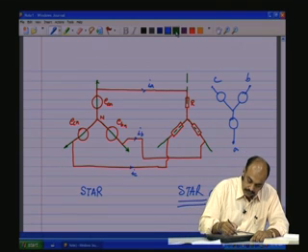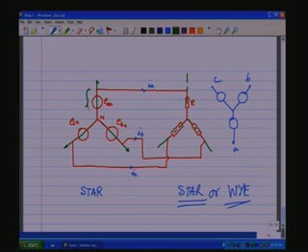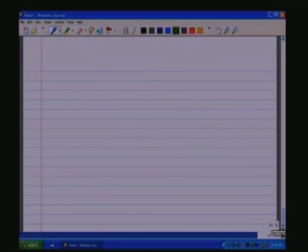Now, some terminologies are in order. This is called the phase. Let us have a load of this form, which I am writing here.